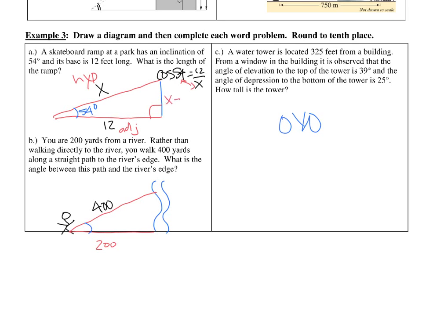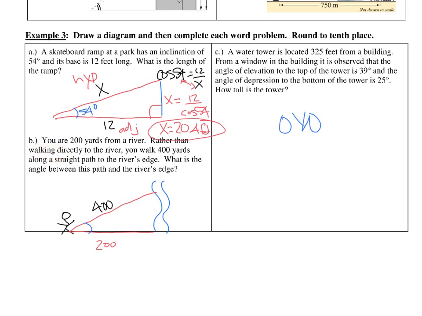So really, x is going to be equal to 12 divided by the cosine of 54 degrees. So when we do 12 divided by cosine of 54 degrees, we get that this fabulous ramp is 20.4 feet long.